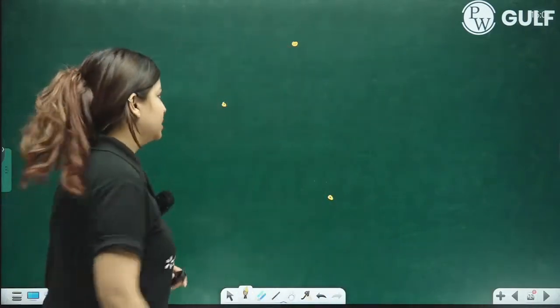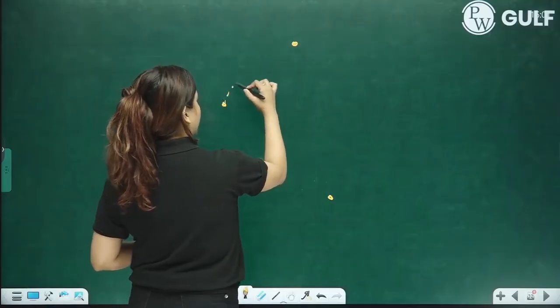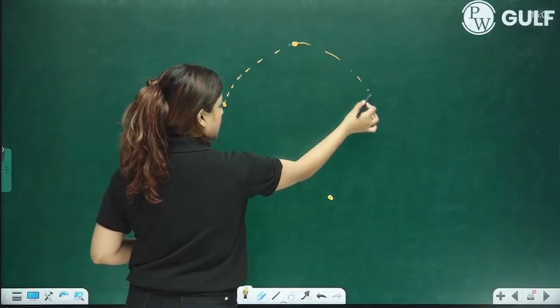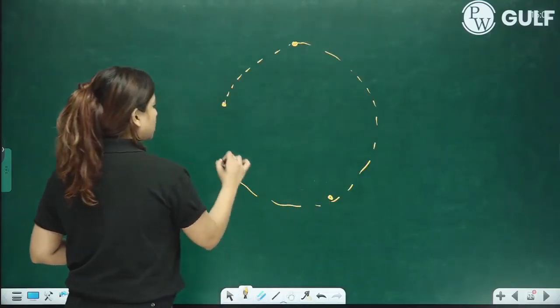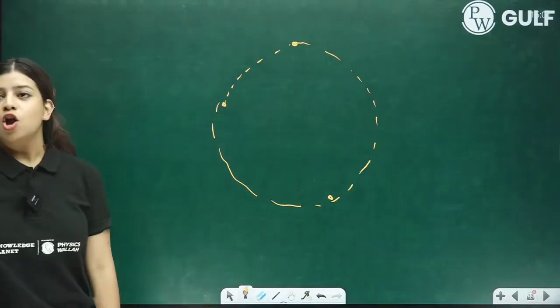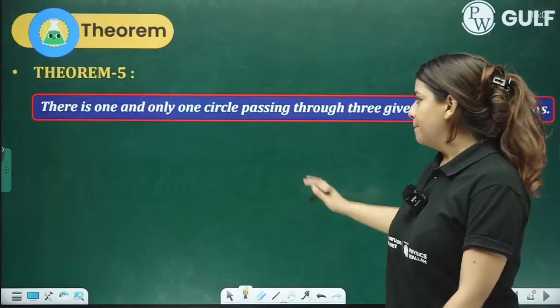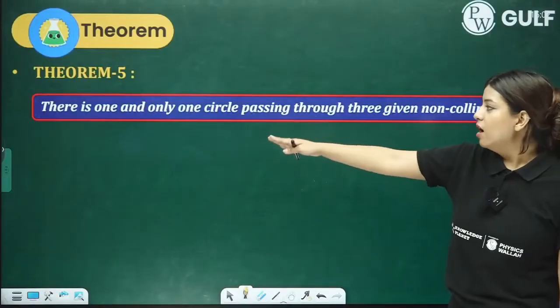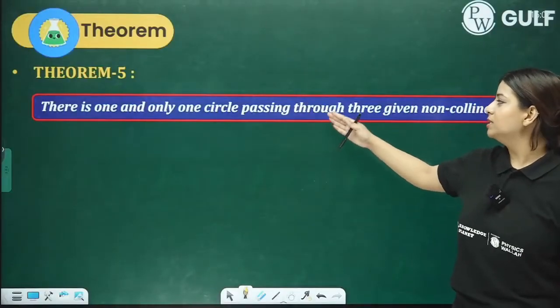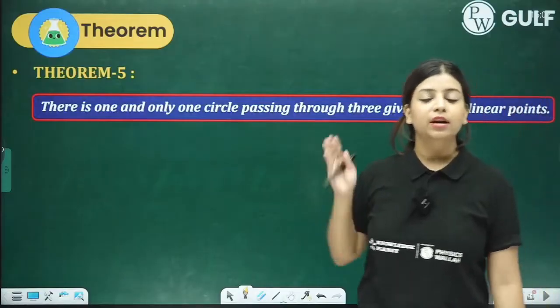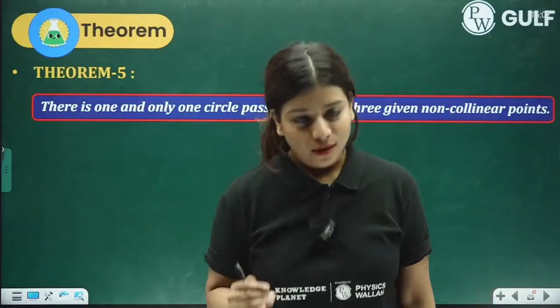So we can say that there is one and only one circle that passes through such three given non-collinear points. Only one circle can pass through them.